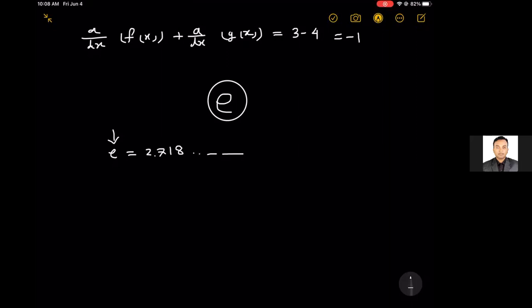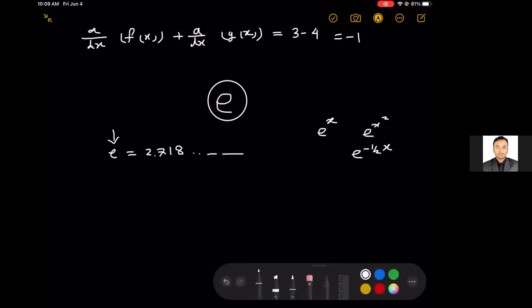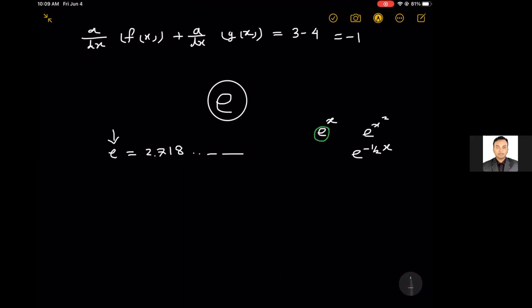So first of all, it's a constant, no doubts on that. But if it's the base of any exponential function, then we actually have different results. That means if you can express it like e to the x squared, e to the half x or something like that, if it's the base of any exponential function, then it gives us some really interesting results.